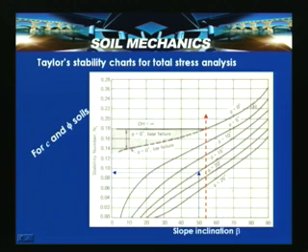These curves are for different friction angles: phi equal to 5 degrees, 10 degrees, 15 degrees, 20 degrees and 25 degrees. Here d by h is equal to infinity, and this is phi equal to 0, that is toe failure, and in this zone the base failure occurs.